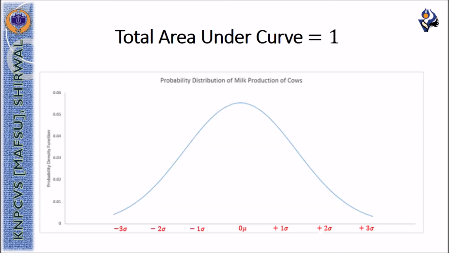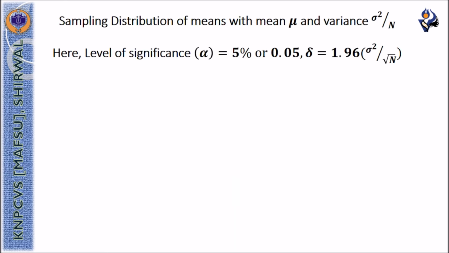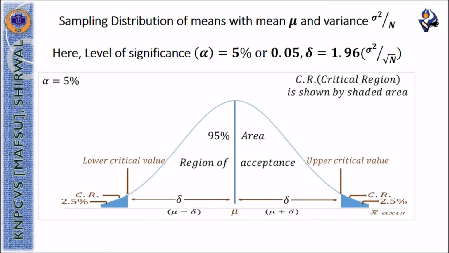We studied that the total area under curve in normal distribution is equal to 1. The given diagram represents sampling distribution of the means with mean mu and variance sigma square. Here, the level of significance alpha is 5% and delta is 1.96 into standard error. In this image, critical region is shown by shaded area.